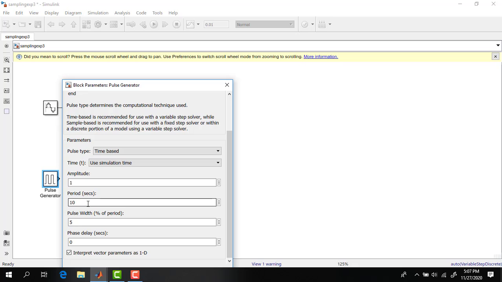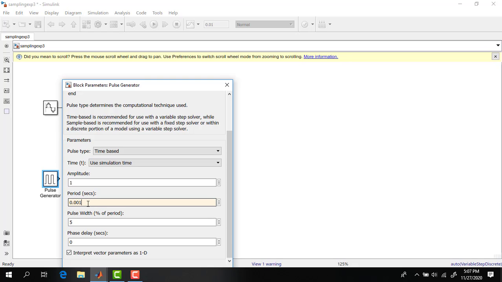The pulse generator should have at least twice the frequency of the original signal. So it should be at least 1000 Hz. If not more, it should be at least 1000 Hz. So for 1000 Hz, our time period is 0.001 seconds. So I am just putting 0.001.